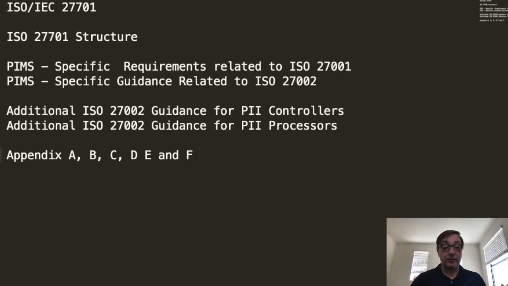Now about processors. Remember that there is guidance in clause 6, and the additions of this clause create the PIMS-specific guidance for PII processors. The implementation guidance documented in this clause relates to the controls listed in Appendix B. So Appendix A is for controllers, and Appendix B is for the processors.